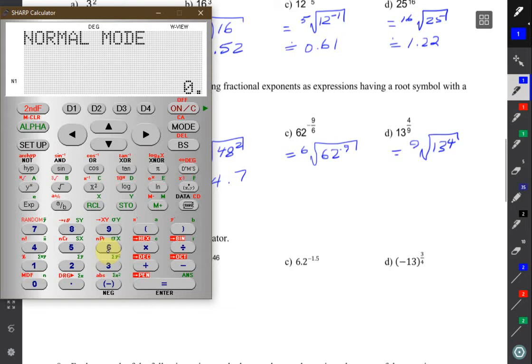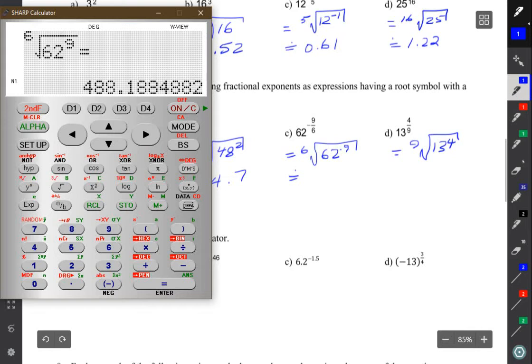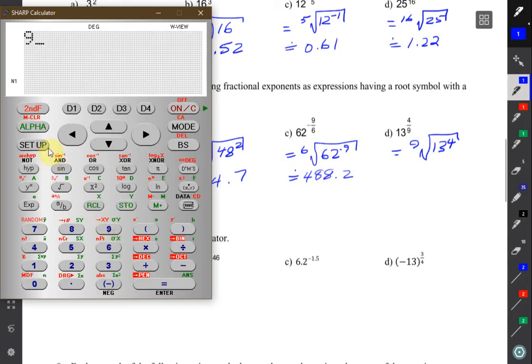The 6th root of 62 to the exponent 9 is 488.2. The 9th root of 13 to the exponent 4 is 3.12.